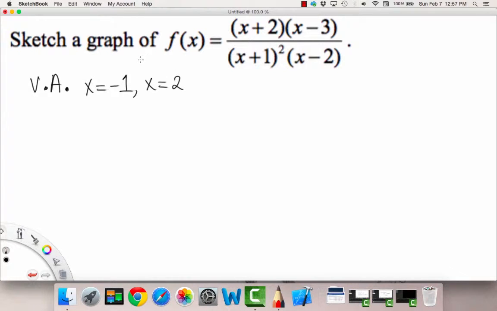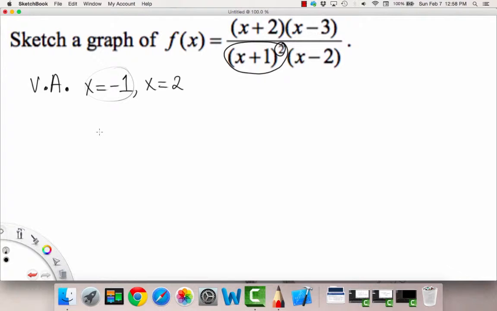So here, remember on the previous slide I was explaining about even powers, odd powers in the denominator. So if we look at the grouping for x equals negative 1, so this guy right here, we see a power of 2. Right? So at this vertical asymptote of negative 1, we should see like behavior from our graph.